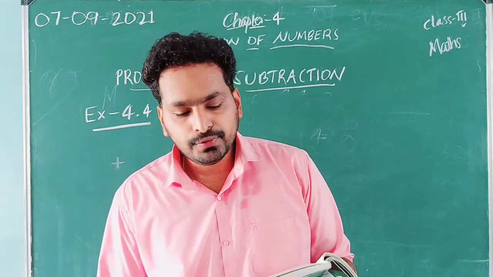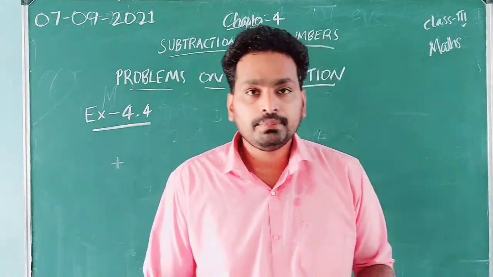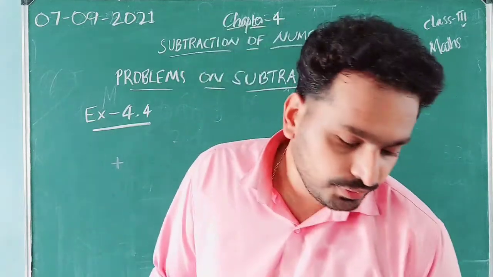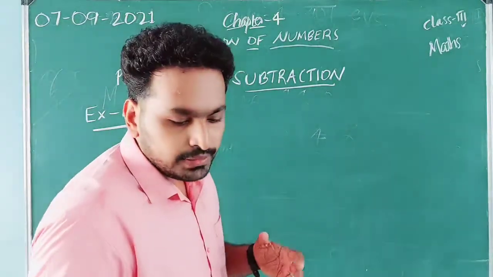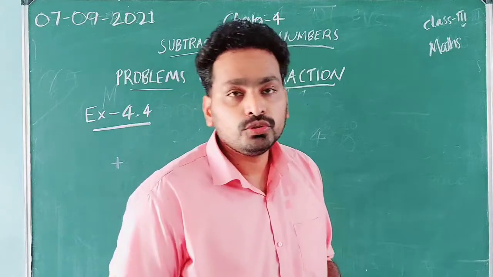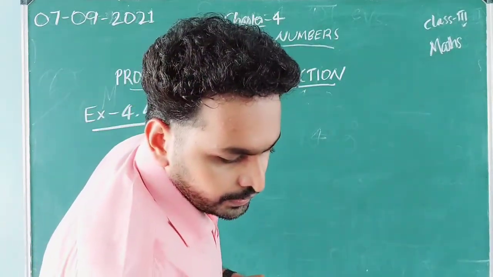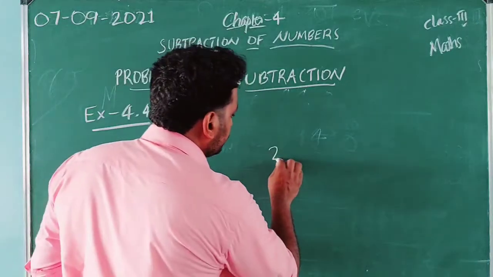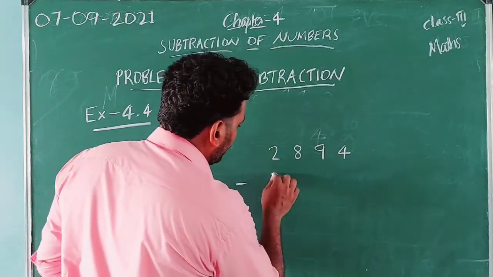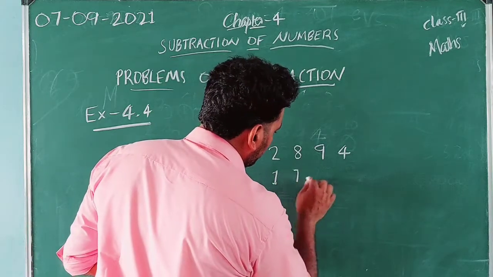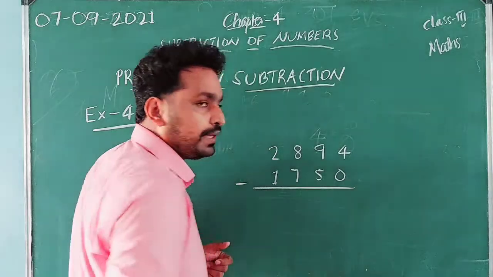Next question is, the sum of two numbers is 2894. If one of them is 1750, the other number is. So let us check what is the other number. For that, we have to subtract 1750 from 2894. Let us subtract.